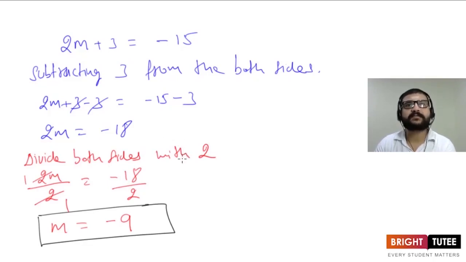If we are subtracting, we have to subtract the same number from both the sides. If we are multiplying or dividing, we have to use the same number and the same operation on both the sides of the equation. By doing this, we can get the values of the variables, or we can solve the equations given to us.